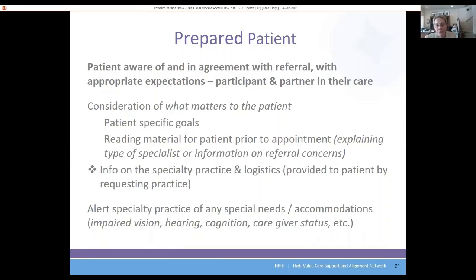And then another critical strategy is to be sure that the specialty practice is made aware if the patient has hearing or vision impairment, or if a caregiver or a care manager, transportation needs, etc., need to be involved.